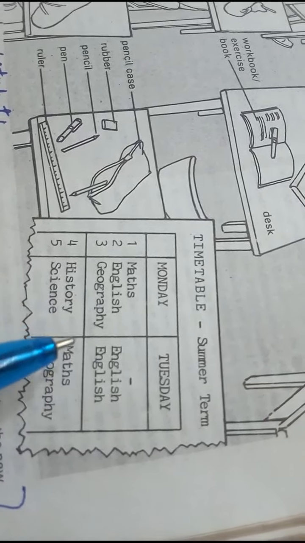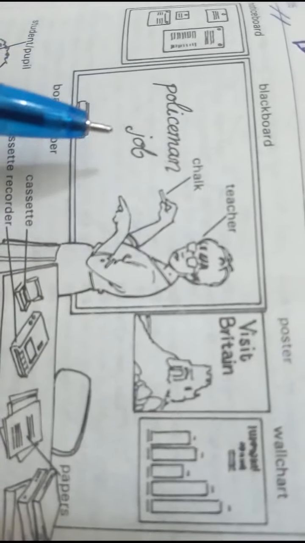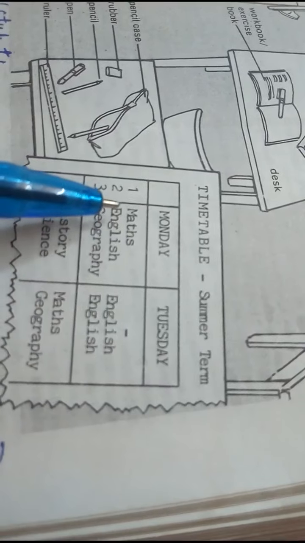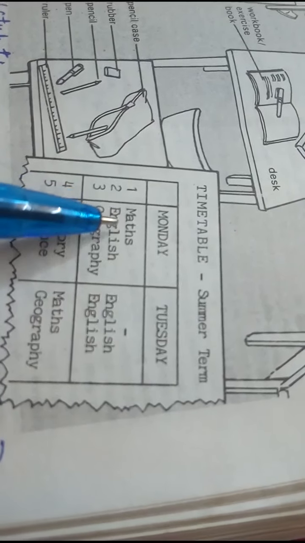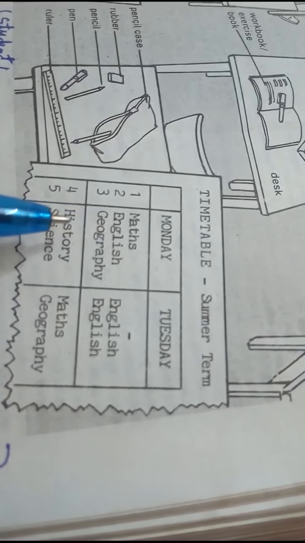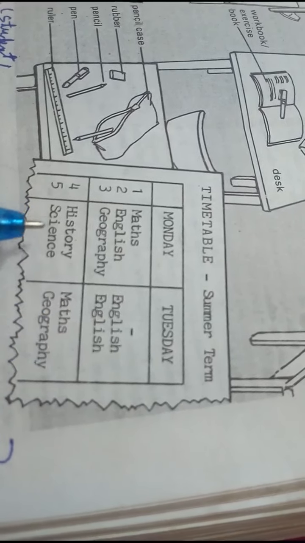The teacher is explaining a lesson about a policeman's job. This is a timetable. We have many different subjects: math, English, geography, history, science.